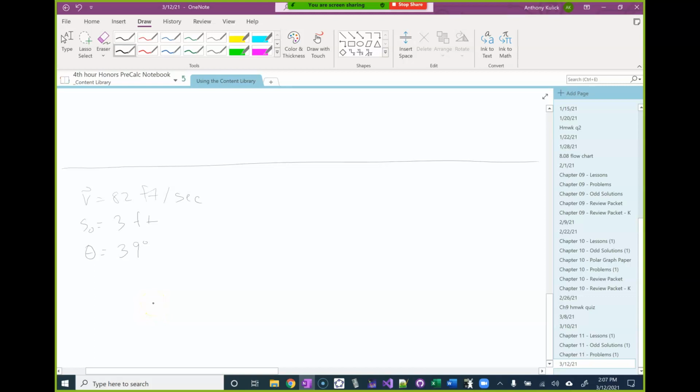So the equations that I'm looking for are the projectile motion equations on page 8 of the lessons. So this just says f of t. I'm sorry, we should use s of t because this is a position. Maybe. This is x of t.